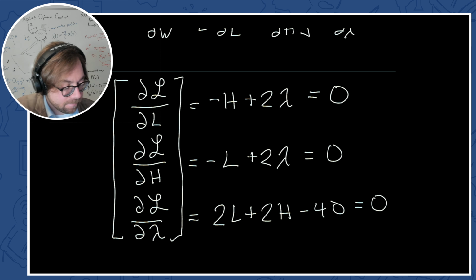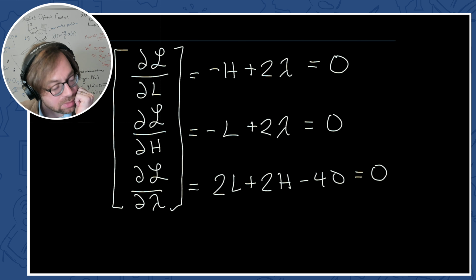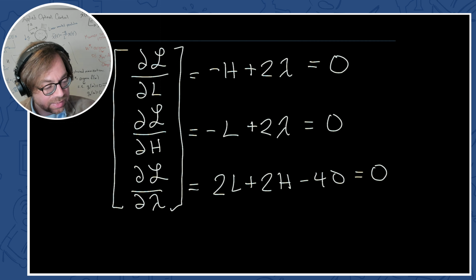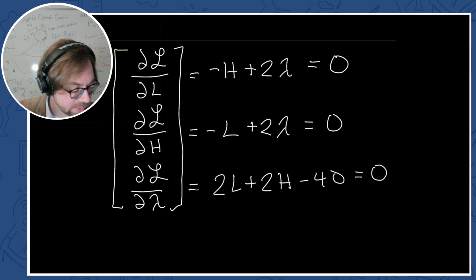Okay. So I'm going to try to do gradient descent. I want all these things to equal 0? Interesting. Interesting indeed.